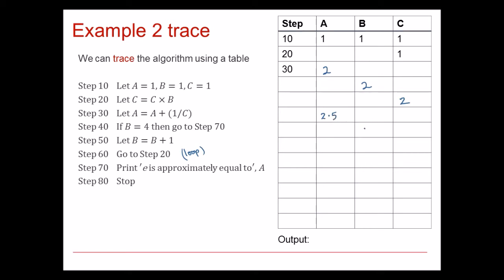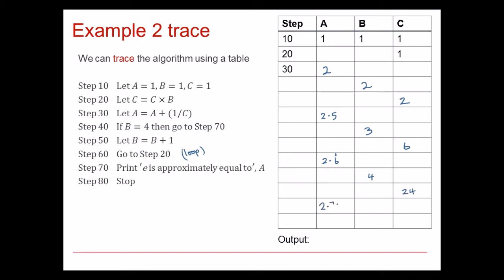B then becomes 3. We go back to step 20, and c becomes 2 times 3, which is 6. After that, a becomes 2.6 recurring, as we add that 1/6 to the 2.5. B then becomes 4, and c is now 24.